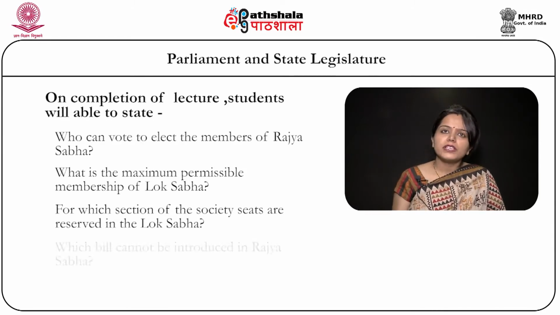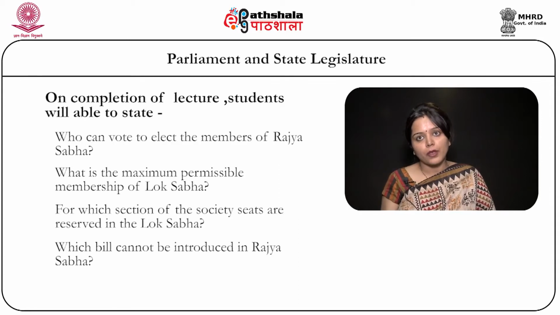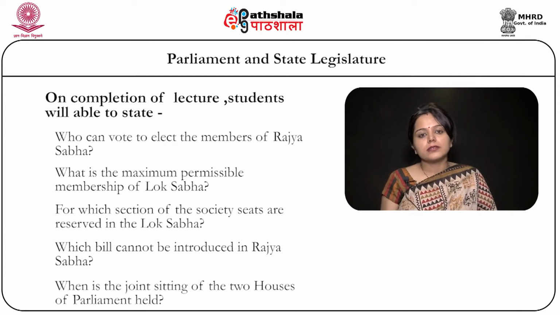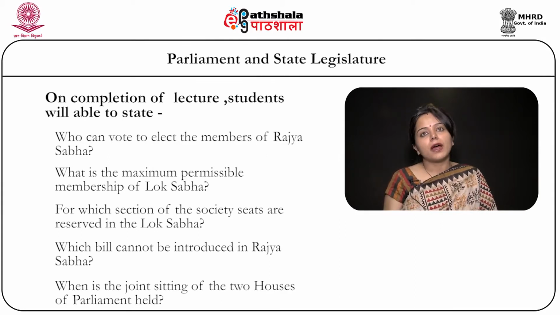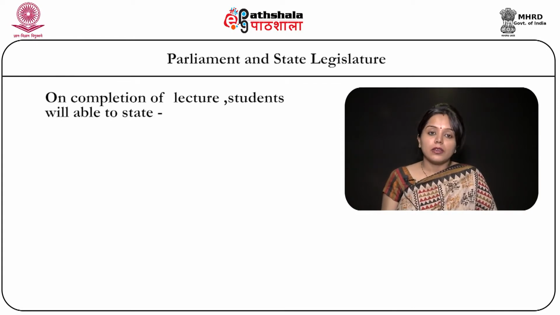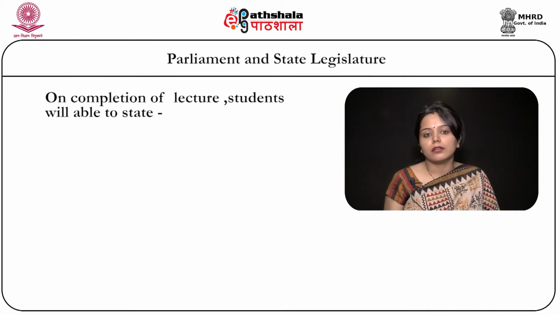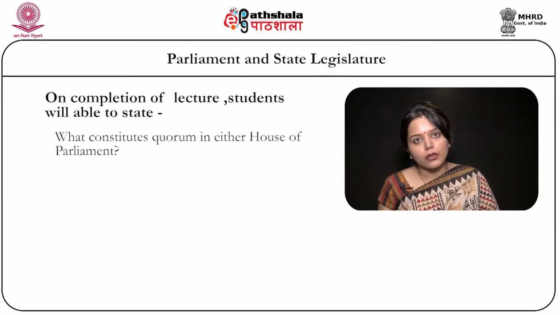Also, which bill cannot be introduced in the Rajya Sabha? When is the joint sitting of the two houses of Parliament held? Again, you will be able to state what constitutes quorum in either house of Parliament.